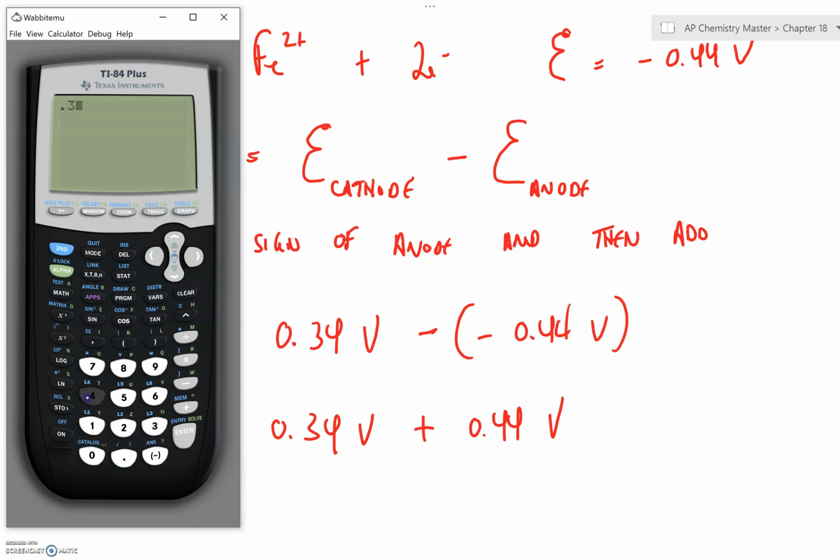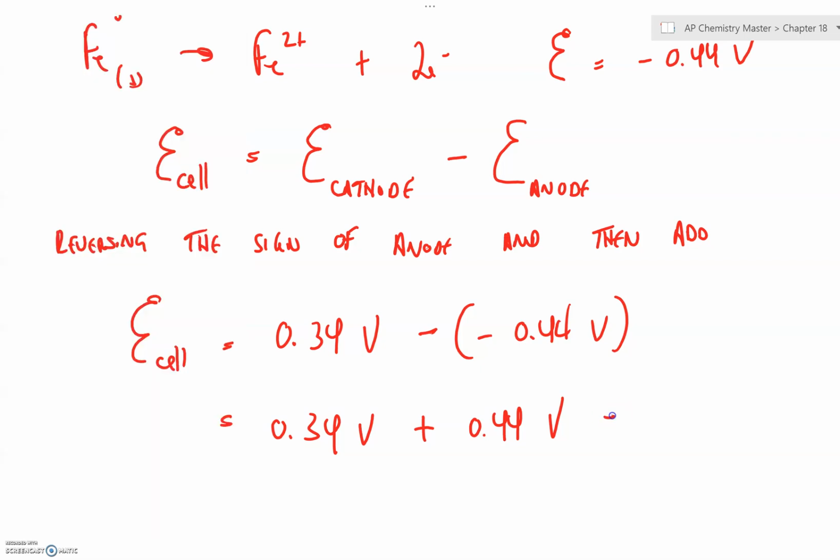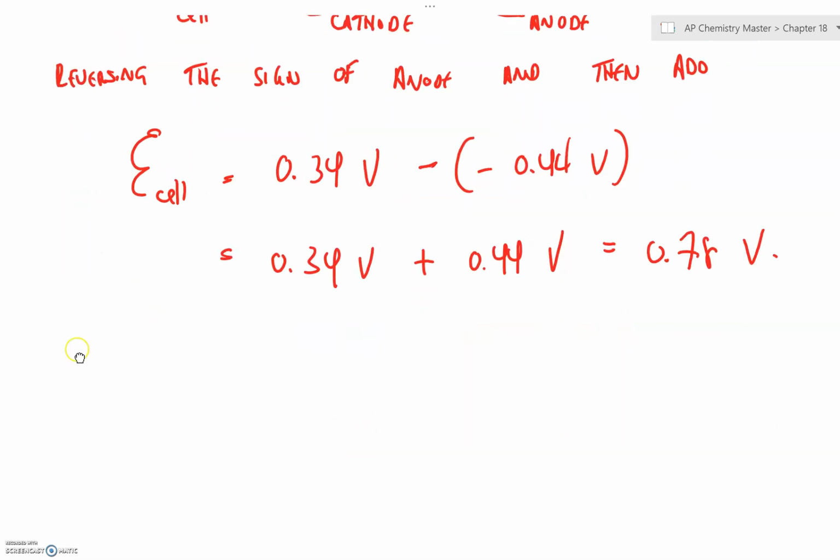So we're going to say 0.34 volts plus 0.44 volts. We have a cell potential of 0.78 volts. Okay. Now, we're going to plug this into our equation for delta G. It's equal to negative nFE, and we just found E. What we want to be looking at is how many moles of electrons got transferred.